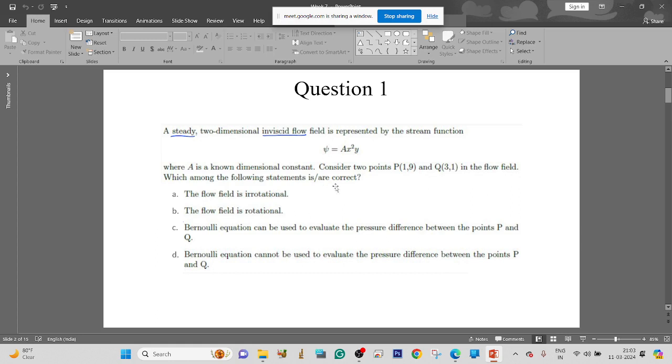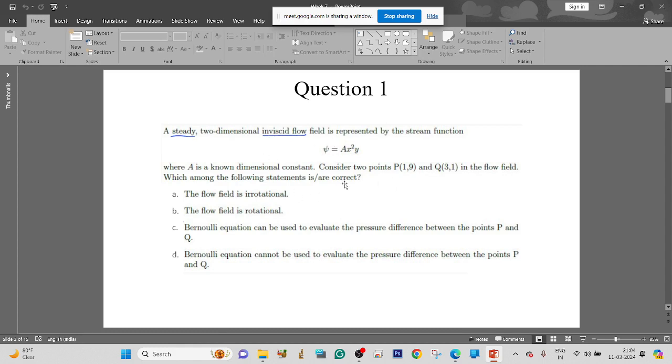Which among the following statements is or are correct? The flow field is irrotational, or the flow field is rotational, or Bernoulli's equation can be used to evaluate the pressure difference between points P and Q, or Bernoulli equation cannot be used to evaluate the pressure difference between points P and Q.